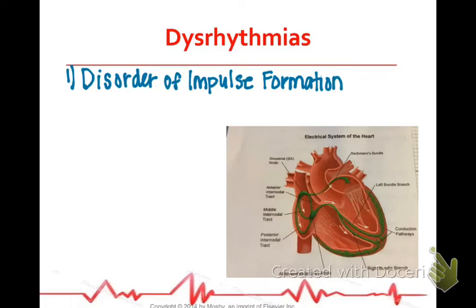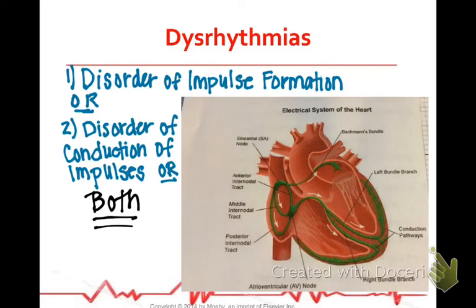So, dysrhythmias are basically a disorder of the impulse formation. Remember I said it's a disorder. It's not going the way it should go. That normal pathway, SA node, AV node, bundle of His, Purkinje fibers, there's a disorder of conduction of impulses, or both. So there's a disorder of impulse formation.